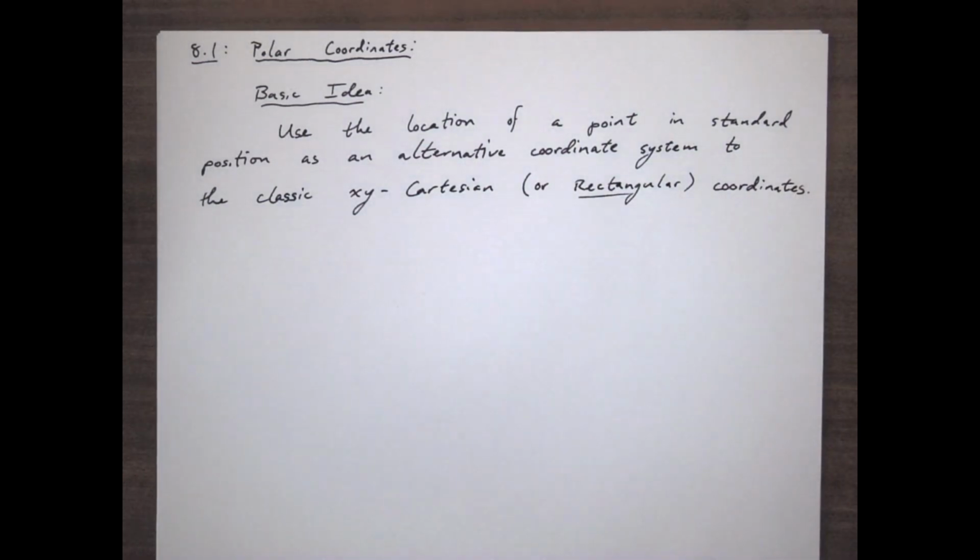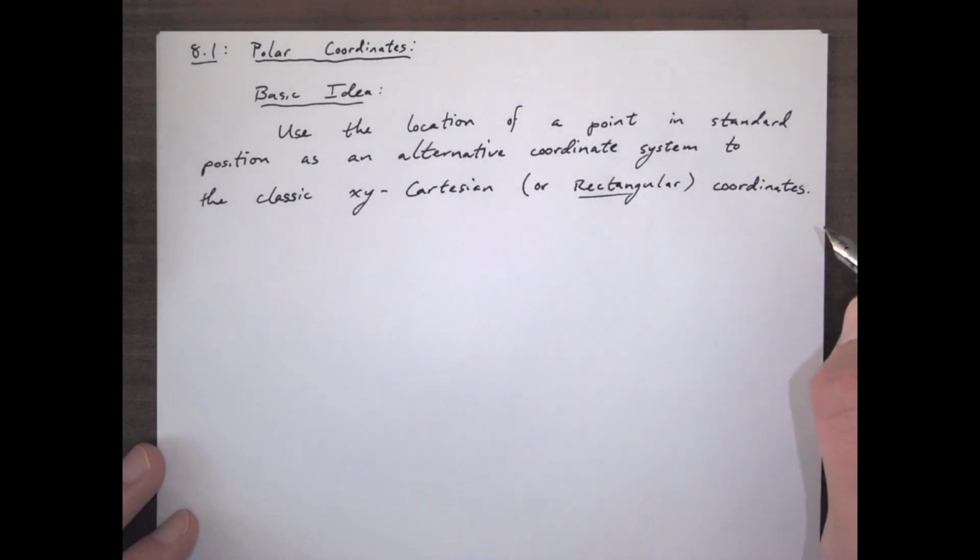Okay, so typically when we are talking about the coordinates of a point, we mean its x-coordinate, also called its abscissa, and its y-coordinate, also called its ordinate. But that's only one way we could categorize the points on the xy plane.